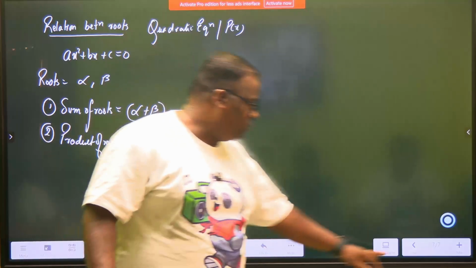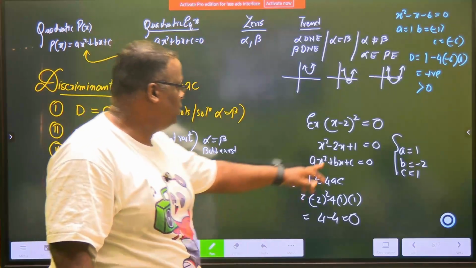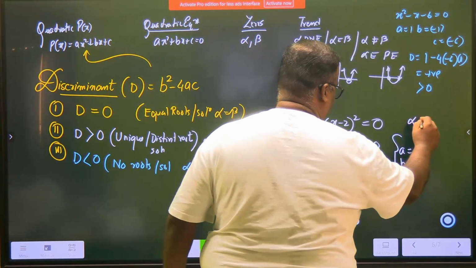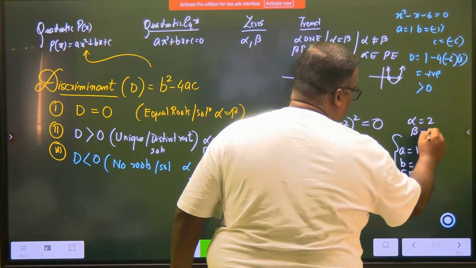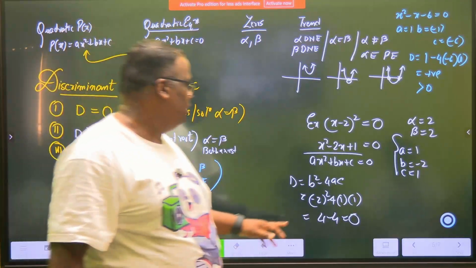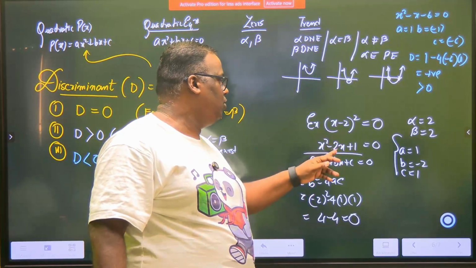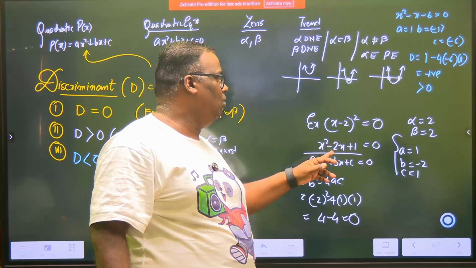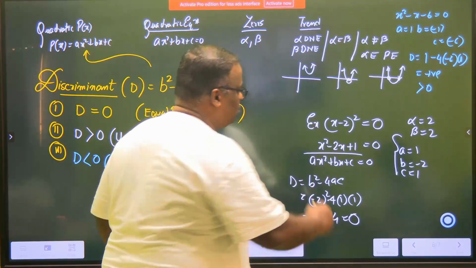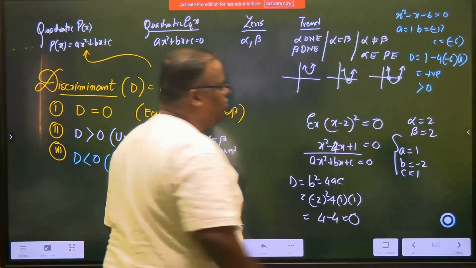अच्छा चलो, in the previous equation, once again look at this equation. What was the value of alpha? We got 2. What was the value of beta? We got 2. In this question, alpha and beta both became 2. Oh, this is not 2x, this is 4x. Sorry, 4x.